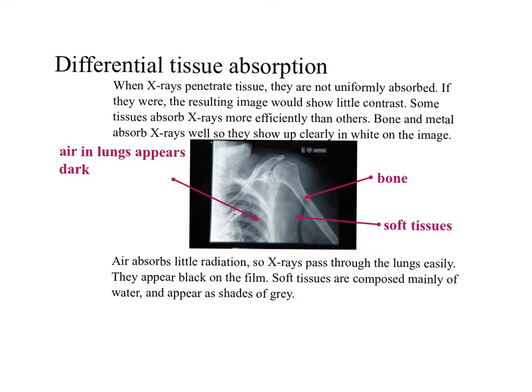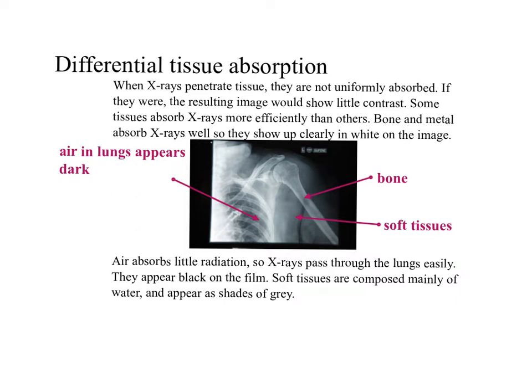What you see here is a simple X-ray of someone's shoulder and a bit of his lungs. What you notice is the bones quite clearly stand out, quite white compared to the greyish black shades that you can see in the image.